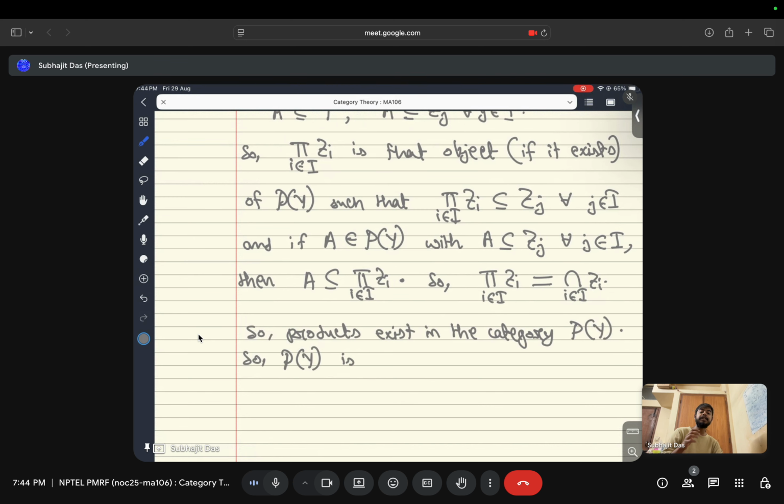So if you want to write the terminal object as a product, it should be a product of an empty family of objects, which in this case should be the intersection of an empty family of subsets of Y, which vacuously is exactly Y. So it has all arbitrary small products, including zero-ary products, in the category PY. So PY is actually small complete.